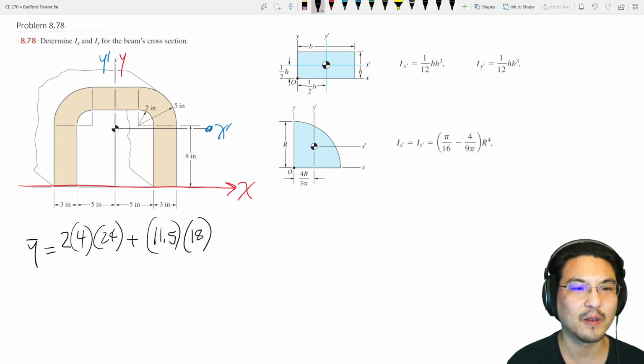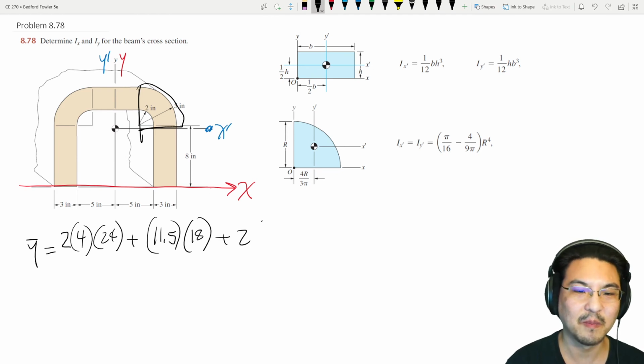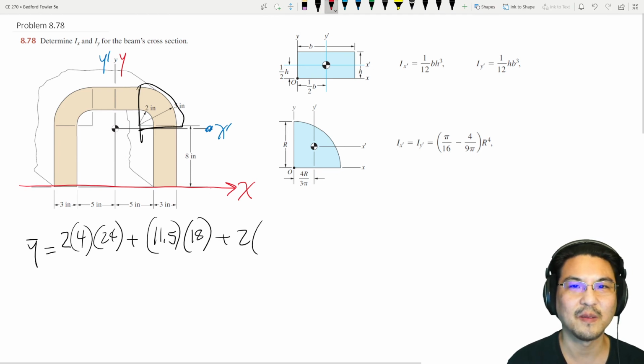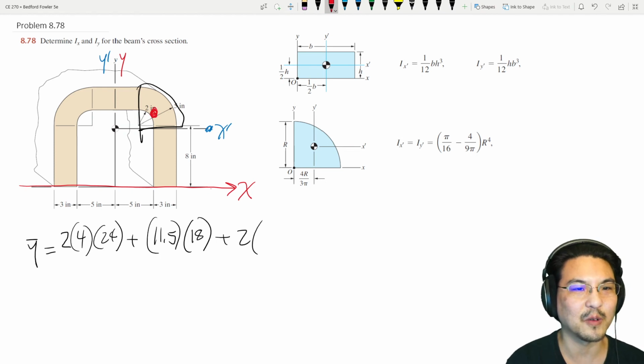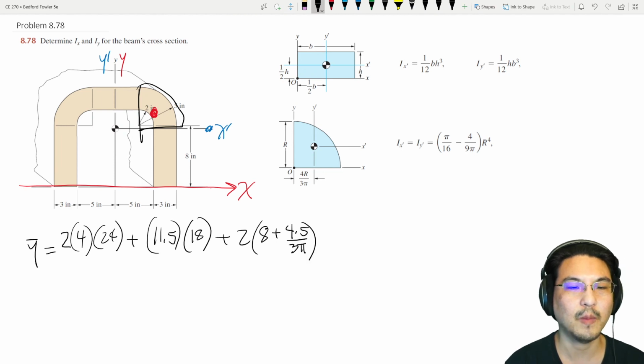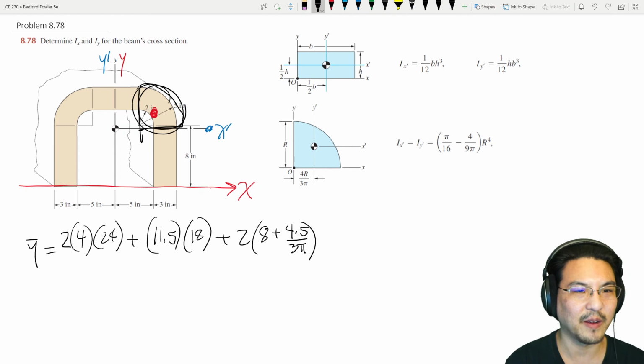Now this quarter circle, there are 2 of them. So where's the centroid of the quarter circle? It is 8 plus 4r over 3 pi, times the area of the quarter circle, 1/4 pi r squared.